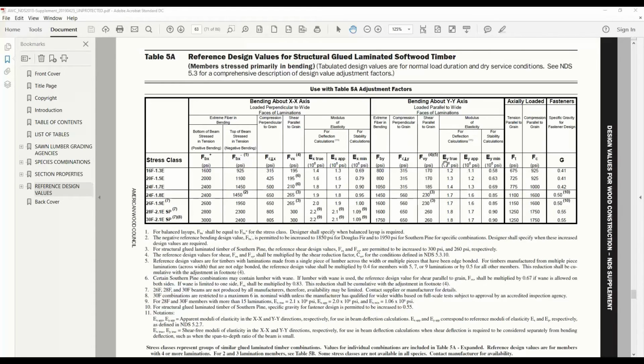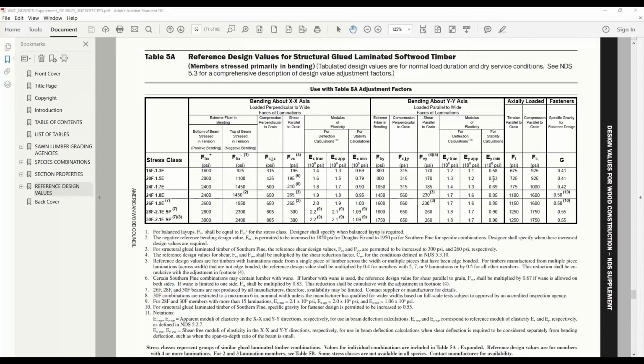There are also corresponding E values for all of these in the y direction. That's your reference moduli of elasticity that we might be familiar with from solid sawn, which would correspond to just the plain E, and it is defined in NDS 5.2.7.